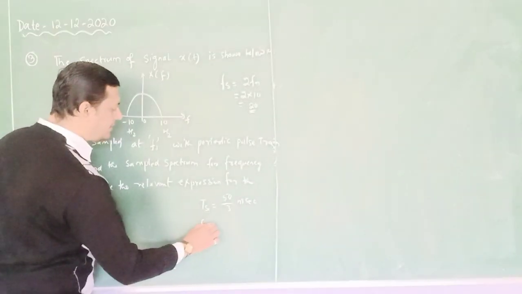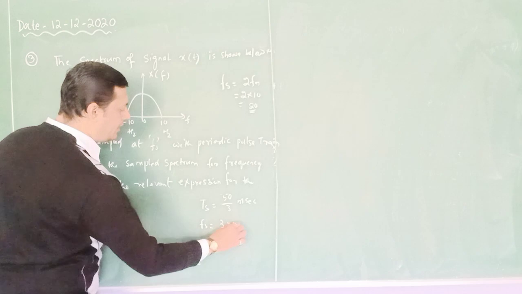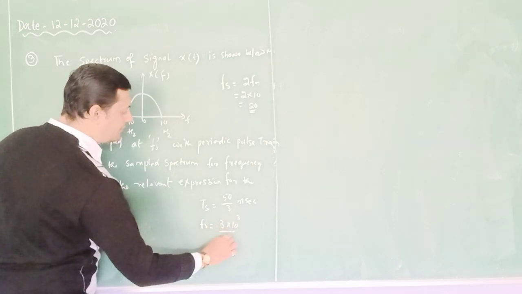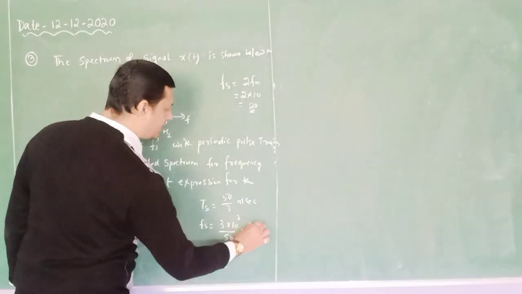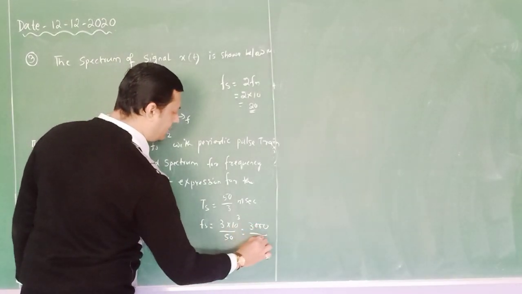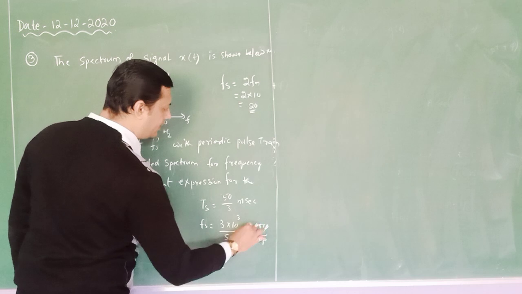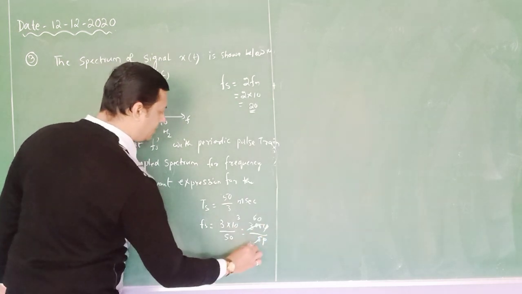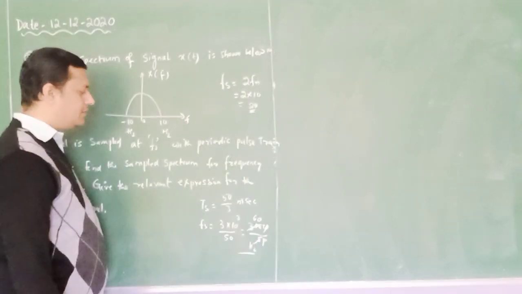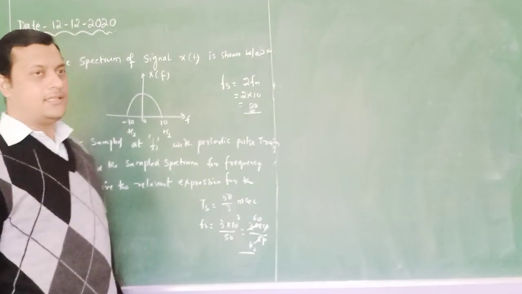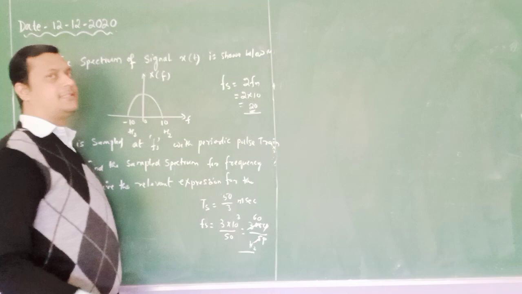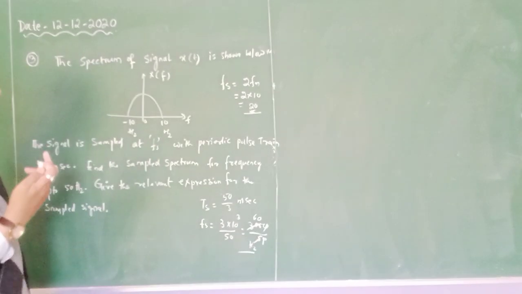So Fs is equal to 3 into 10 to the power 3 divided by 50. So it is 3000 divided by 50, which will become 60 Hz. Done. So the requirement is 20 Hz, but it is sampled at a rate greater than 20 Hz.